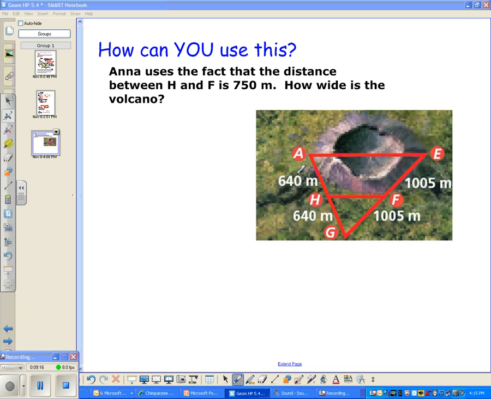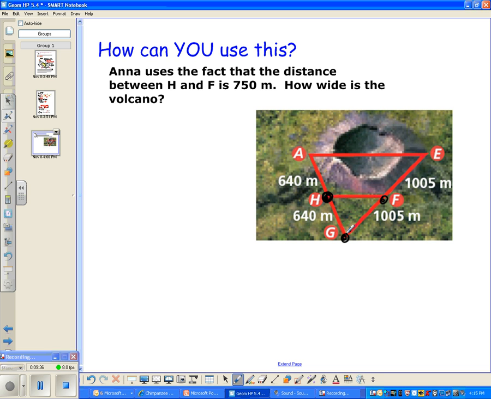So you're going to be the smart people that you are, and you're going to say, all right, let me use what I know. I'm at point G, and I've measured out 640 meters safely in the forest. Then I'm going to measure another 640 meters, so H is now my midpoint.